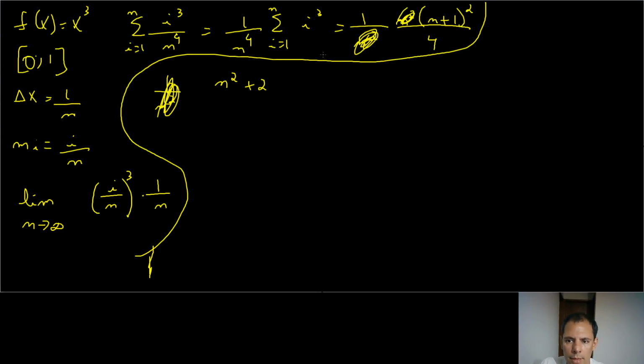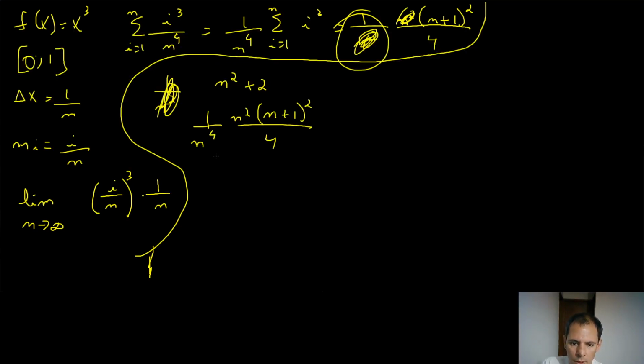So what you actually have is 1 divided by n to the 4th, which was this thing here, times n squared, times n plus 1 squared divided by 4.